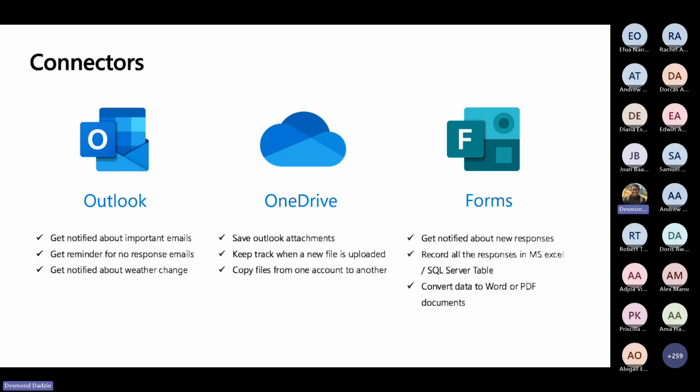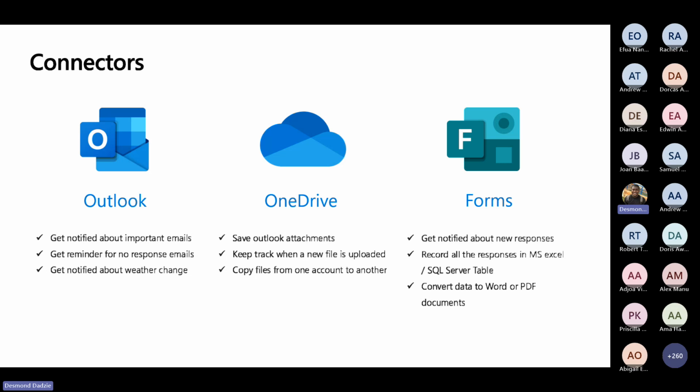So sometimes you have what you want to do in your mind, but you don't know how to go about it. And this is where AI Builder comes into place and helps you. And now even Copilot is embedded into it to help you achieve more as you work.